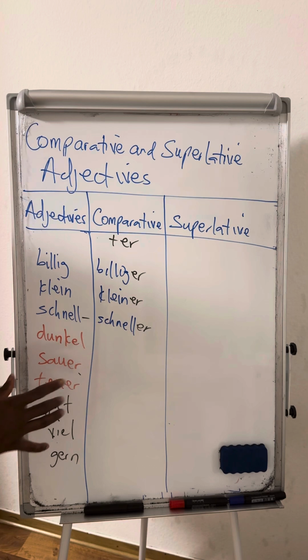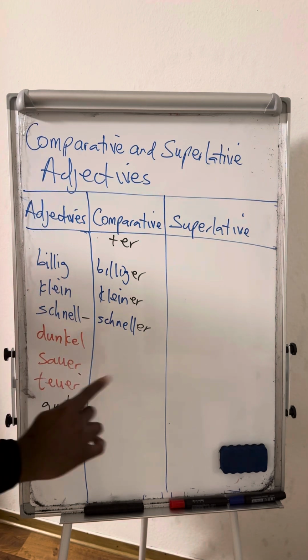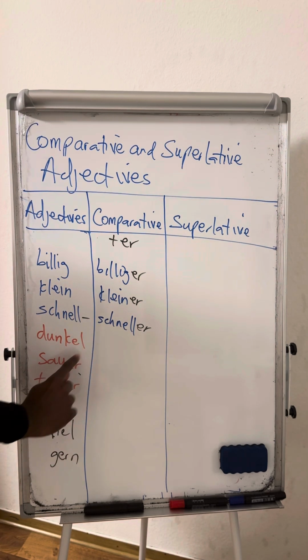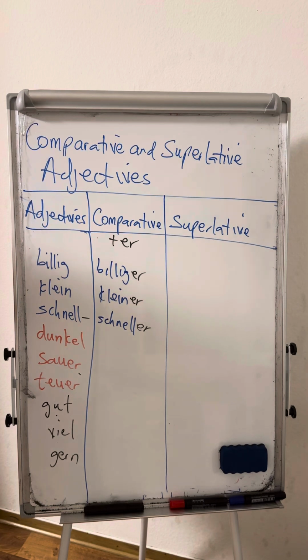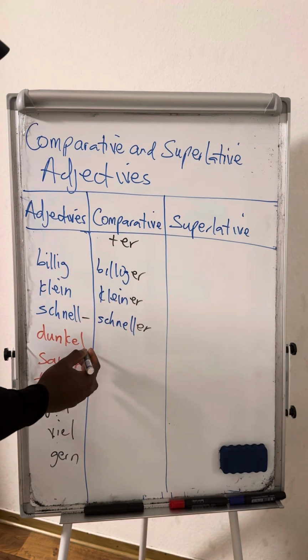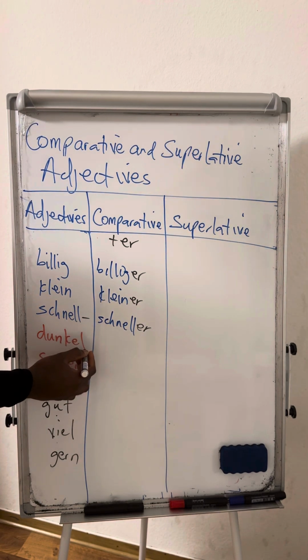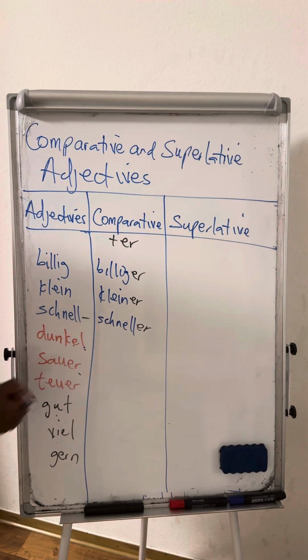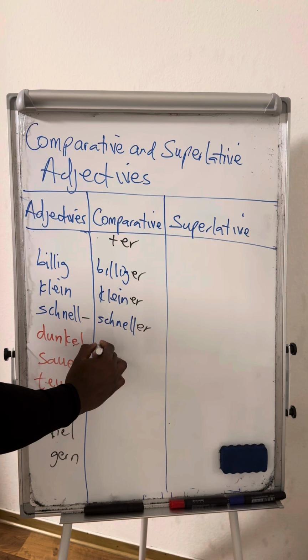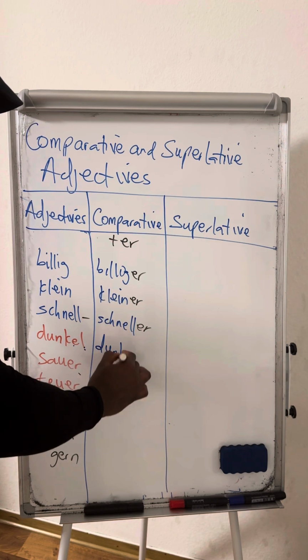Now, look at these ones I wrote with red marker. These ones are irregular. Anytime you see an adjective that ends with el or er, in the comparative form the e will drop out and you add r to it. What do I mean by this? Dunkel will now be what?